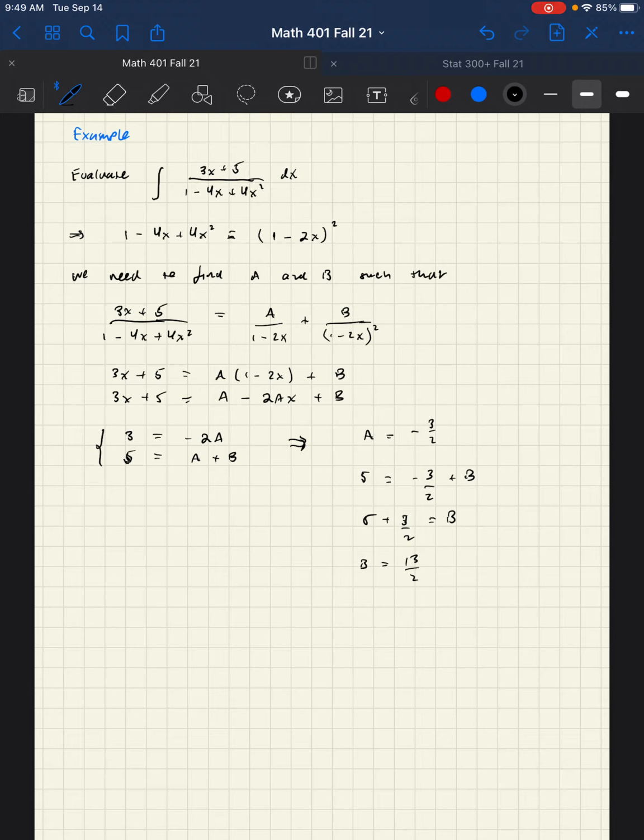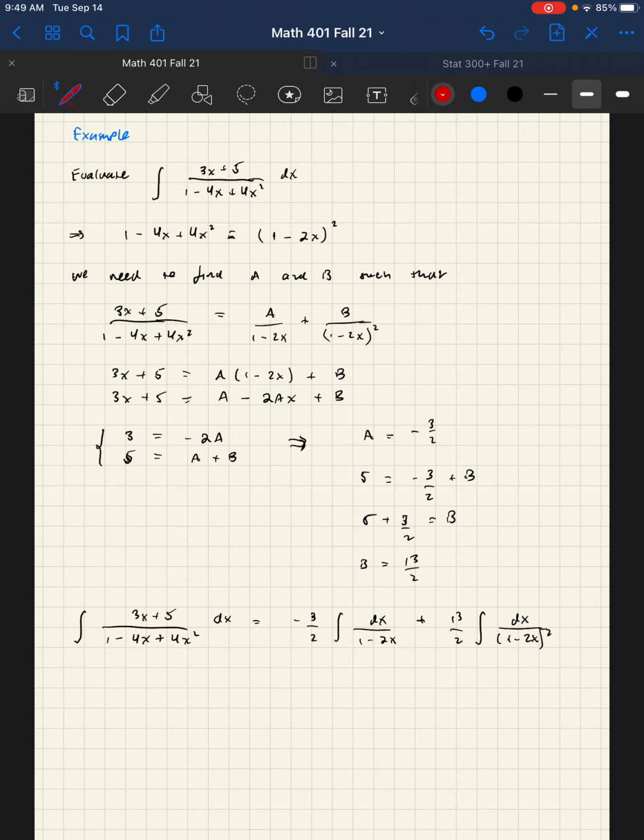Okay. Then our integral becomes, instead of this whole nastiness, we get negative 3 halves integral of dx over 1 minus 2x plus 13 halves integral of dx over (1 minus 2x) squared.